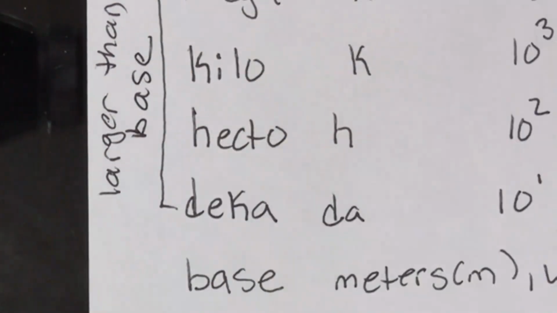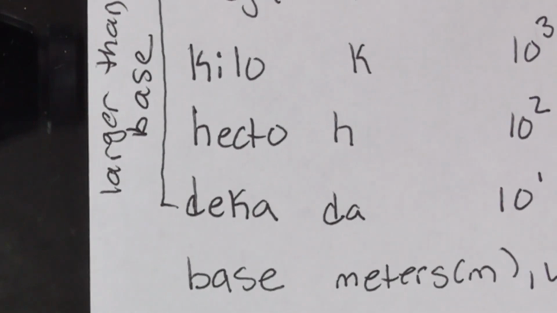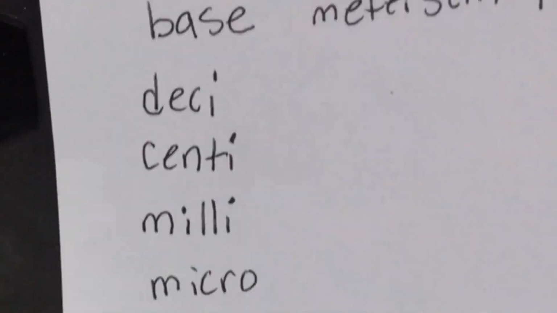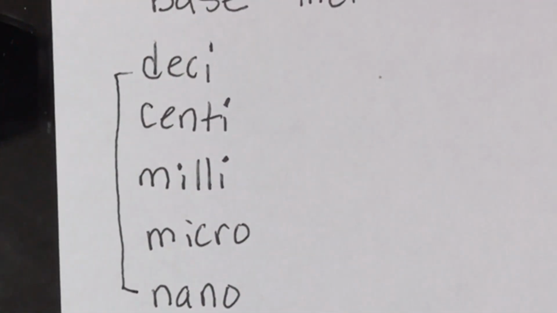All right, so we'll write that down. Now, everything below the base, deci, centi, milli, micro, and nano, these are all smaller than the base.